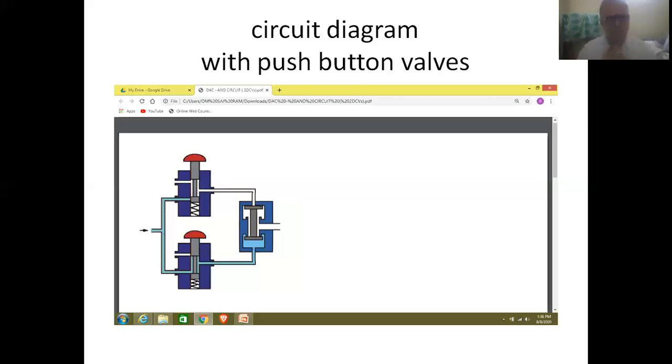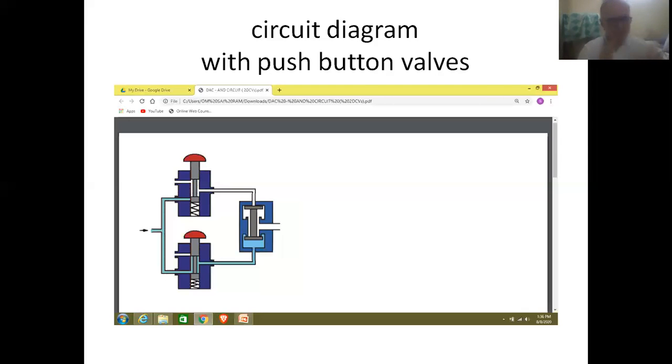And that diagram, the previous circuit, can be used for controlling the operation of double acting cylinders arranged in horizontal positions. So this arrangement is for operating vertical double acting cylinders, and that arrangement is suitable for operating horizontal double acting cylinders.